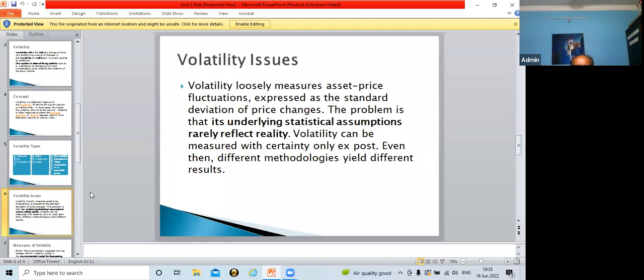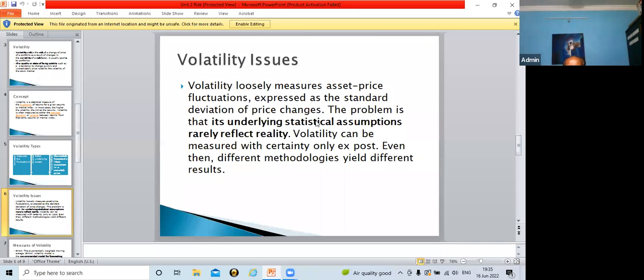So, asset price fluctuation. Next one is that it is expressed as the standard deviation of price changes. So that particular price of a share may be stable, or may decrease, or may go up. That kind of movement is being declared.